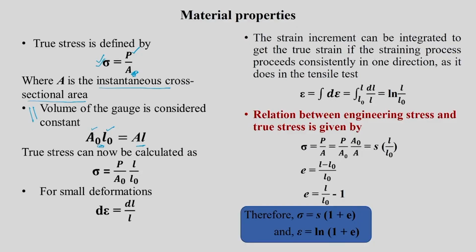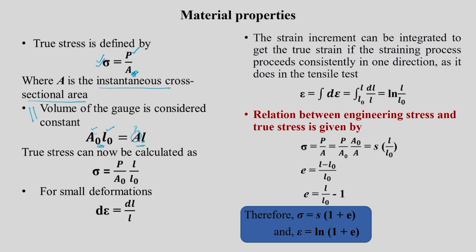So, we can get initial volume, and A is the one which you are going to evaluate, and L is nothing but your instantaneous length, which is also known to you, because you are the one who is going to deform. Let us say 50 mm gauge length will become 51, 52, 53. So, you know the length. So, from this A can be obtained, and I am going to substitute here.